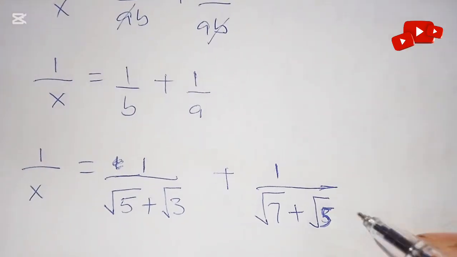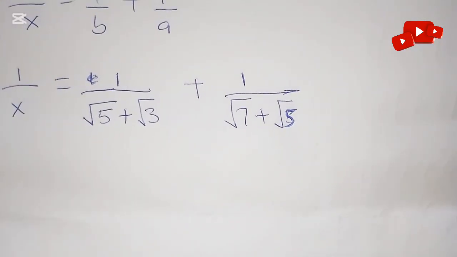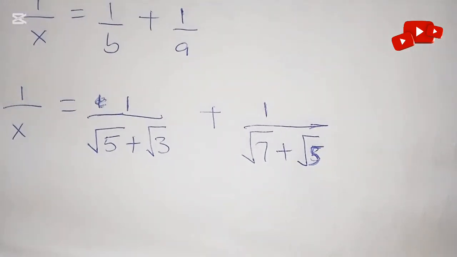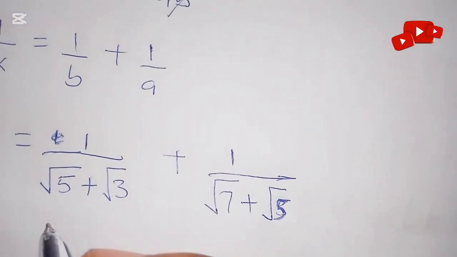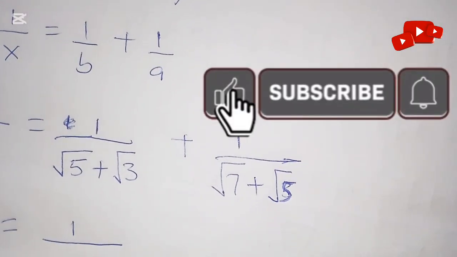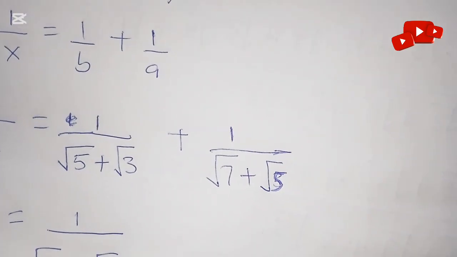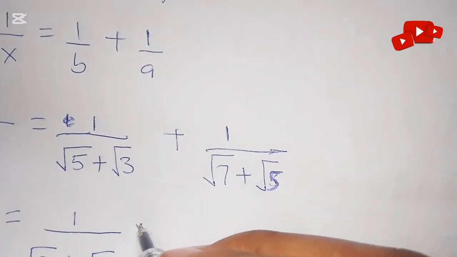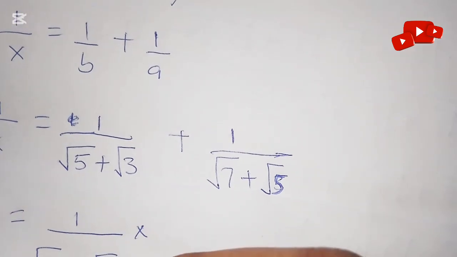Okay, next we're going to take the conjugate. We're going to take the conjugate because we're dealing with surds, and what that entails is that we're going to multiply the numerator and the denominator by the negative.